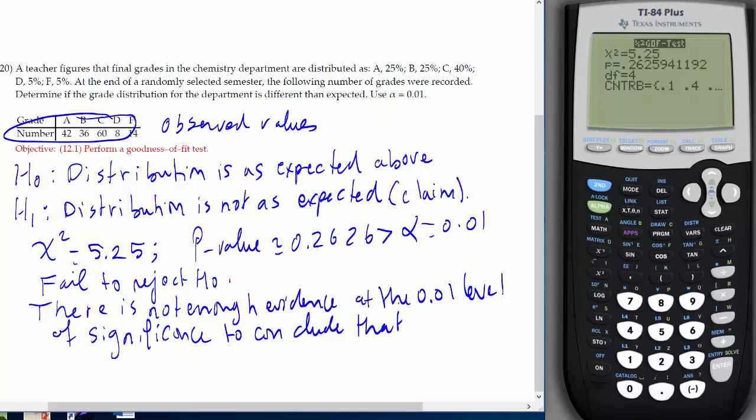We cannot reject H0. We're not saying that H0 is true, but we're saying that we cannot reject it. So that's number 20.